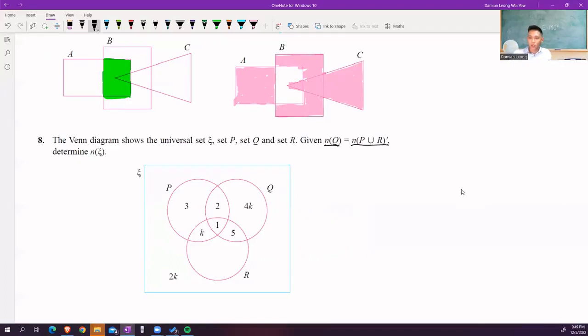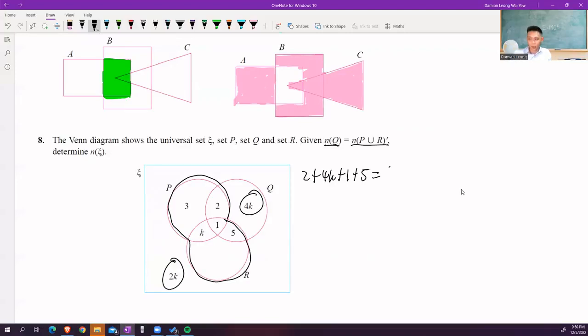Number of elements in set Q means all of this inside add together. So it's 2 plus 4k plus 1 plus 5. It will be equal to P union R complement. Combine set P and set R, all this, complement means this and this, equals 4k plus 2k.